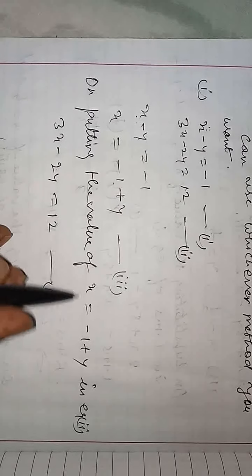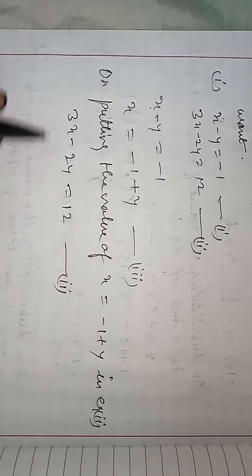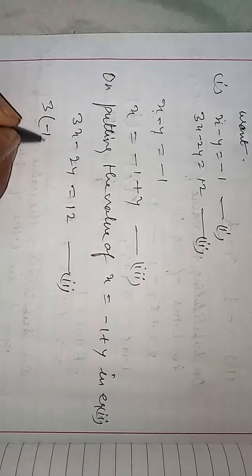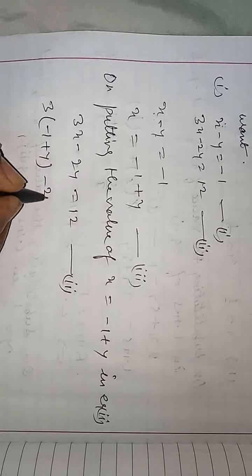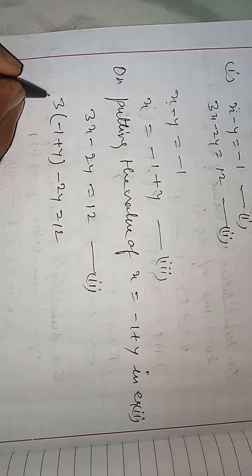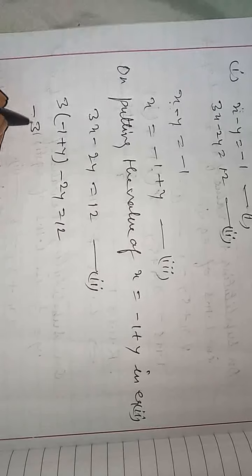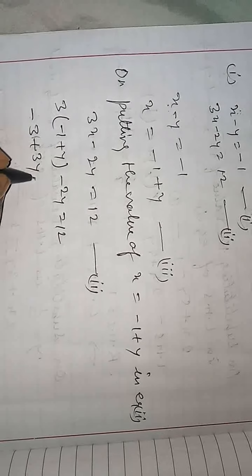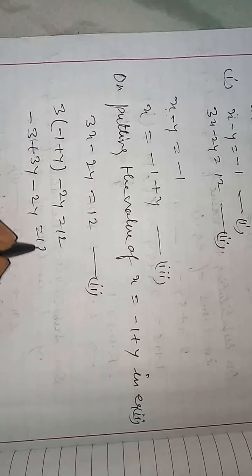So at the place of x we put minus 1 plus y. So 3 times (minus 1 plus y) minus 2y is equal to 12. So multiplying minus 1 plus y by 3, minus 3 plus 3y minus 2y is equal to 12.